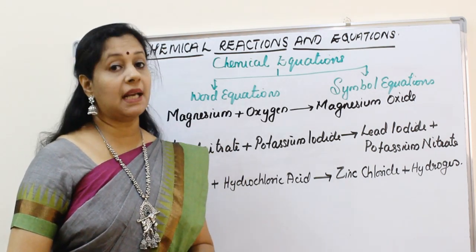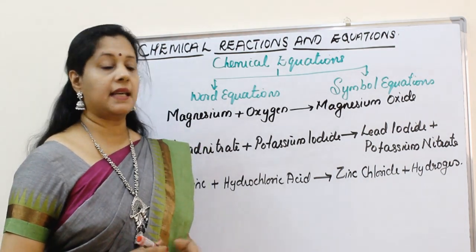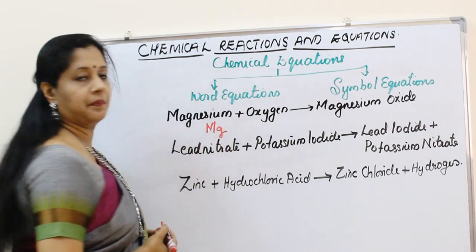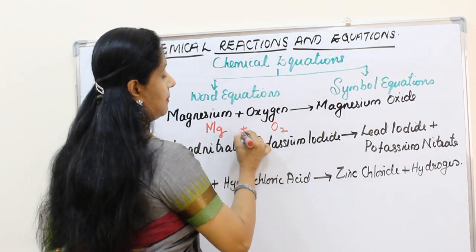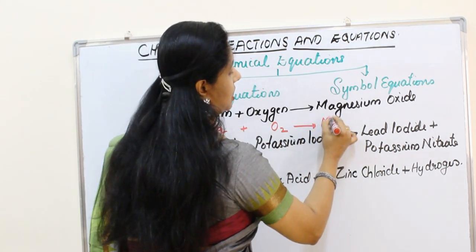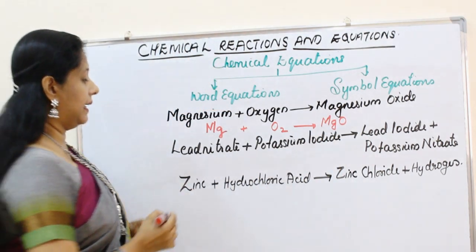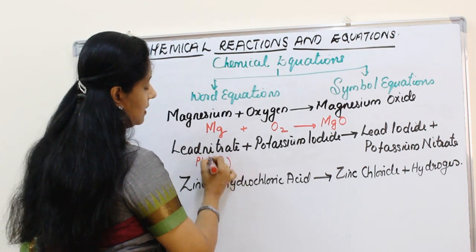We use chemical symbols for representing it in a very simple way. In this case, if I write magnesium, I know the formula is Mg, whereas oxygen is O2. So I can write Mg plus O2 gives magnesium oxide, which is MgO. The same way, lead nitrate, Pb(NO3)2.